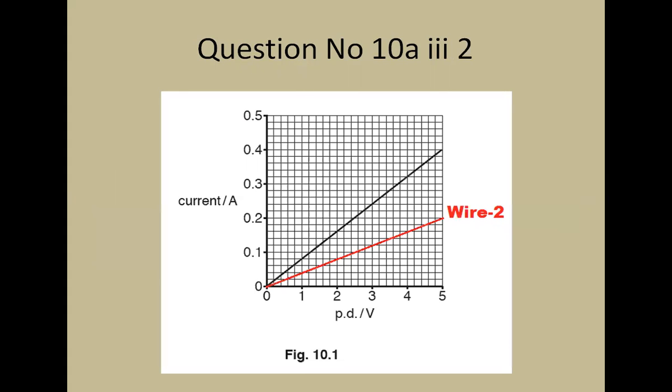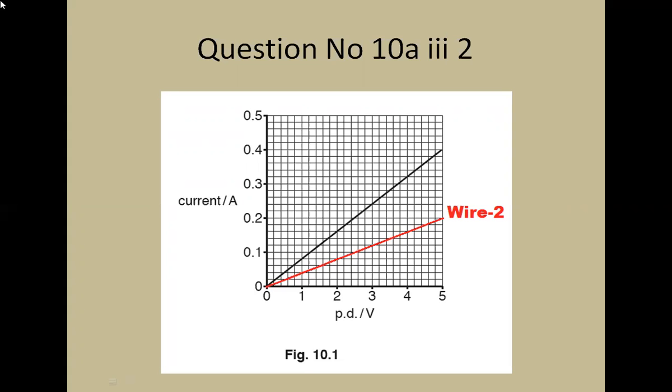Now this is figure 10.1, and you know the slope of this graph is 1 by R. So if the wire's cross-sectional area is half, its resistance will be double. Because the slope is equal to 1 by R, for double resistance the slope will become half.